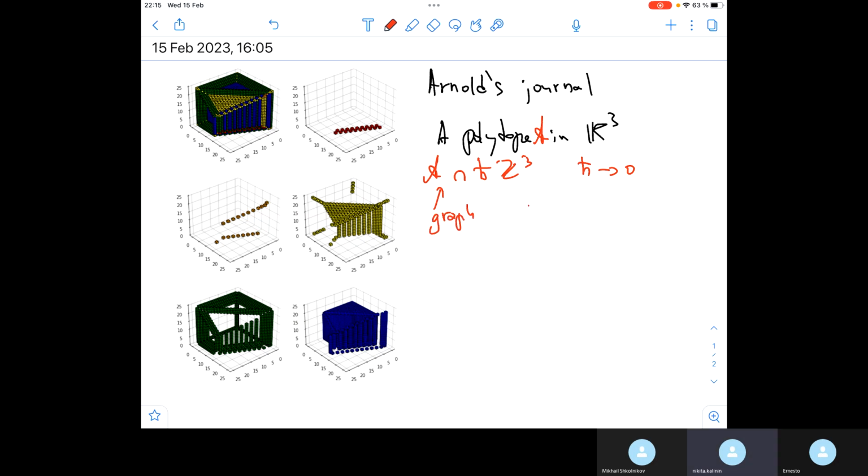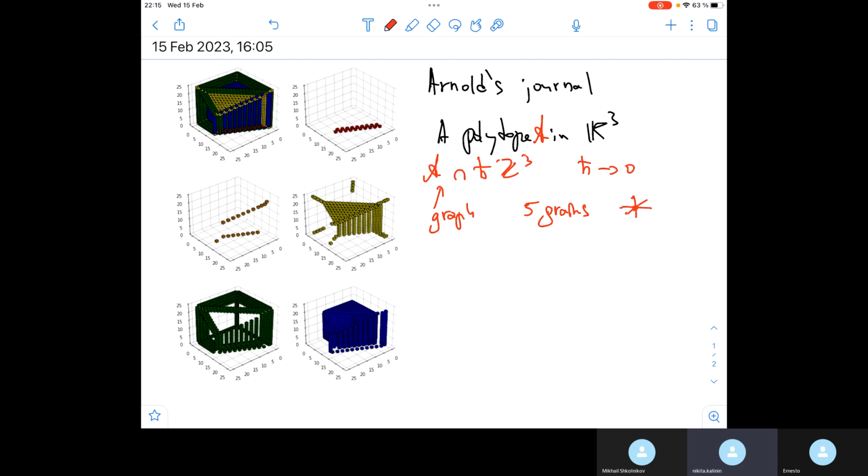And here I put 5 grains everywhere, right? Because in R3, each vertex has 6 neighbors. And so 5 is the biggest stable state, the maximal stable state. And then I add grains somewhere.